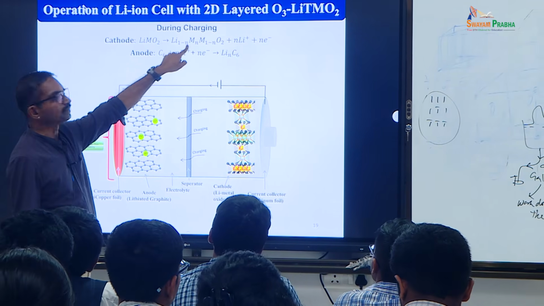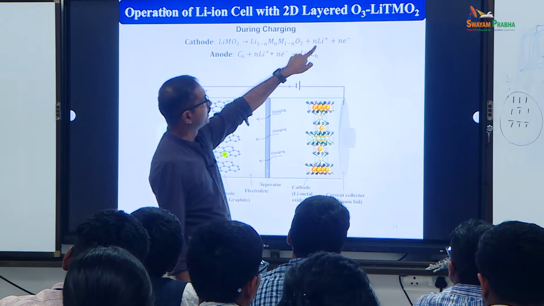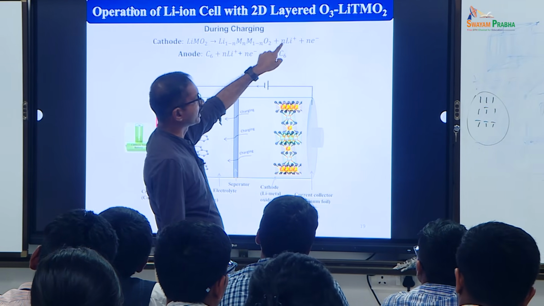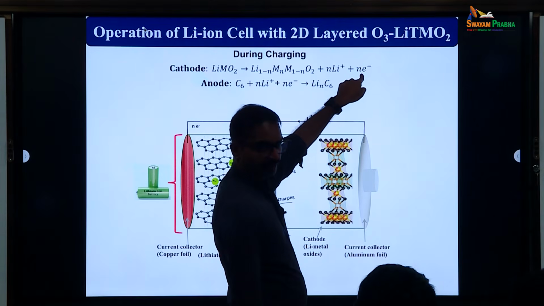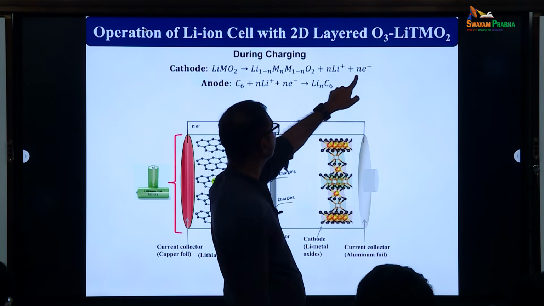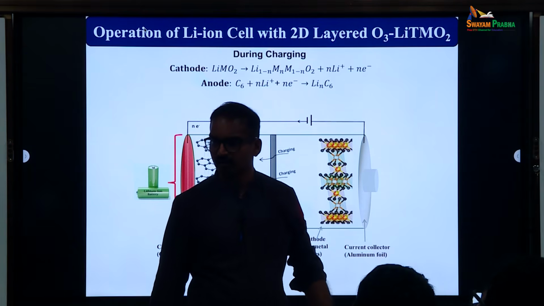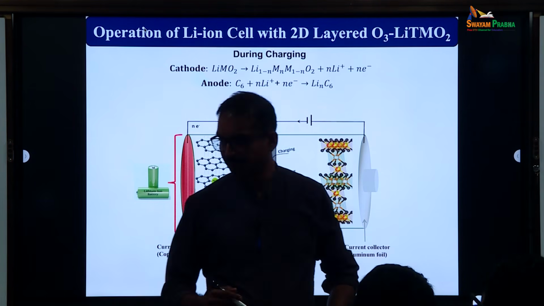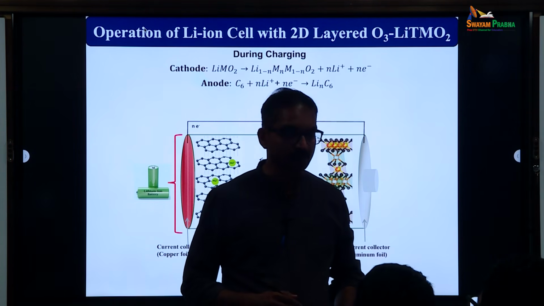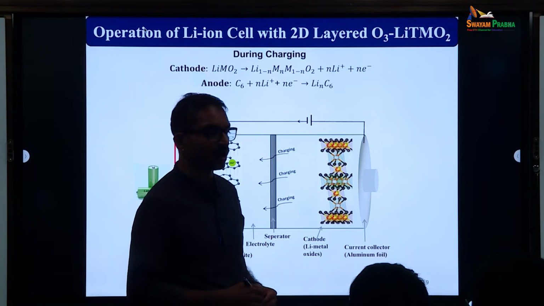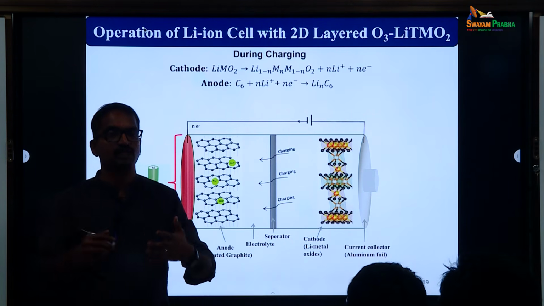When n lithium comes out, n is less than 1. You will have n electrons coming out. How can you have a fraction of an electron? Can you split an electron? Huh? It's a mole concept, right? When I say 0.5 electron, it means 0.5 moles of electrons.